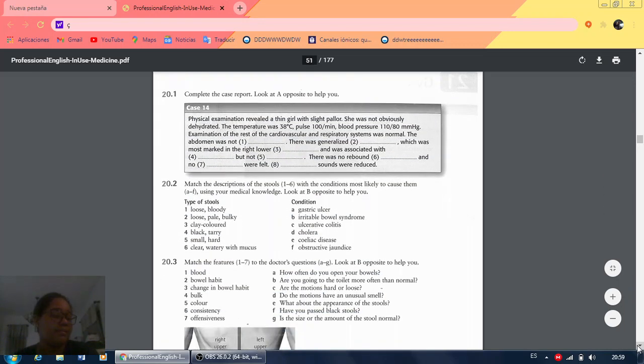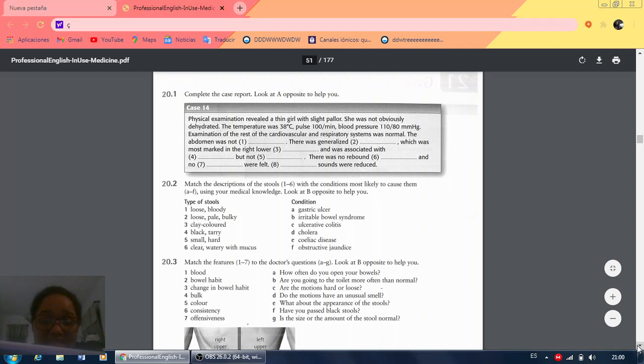Very good, very good. Complete the case for look and be and see opposite of your health. Clinical examination reveals a girl with pain in the abdomen. Wow. On examination of the respiratory system, normal.